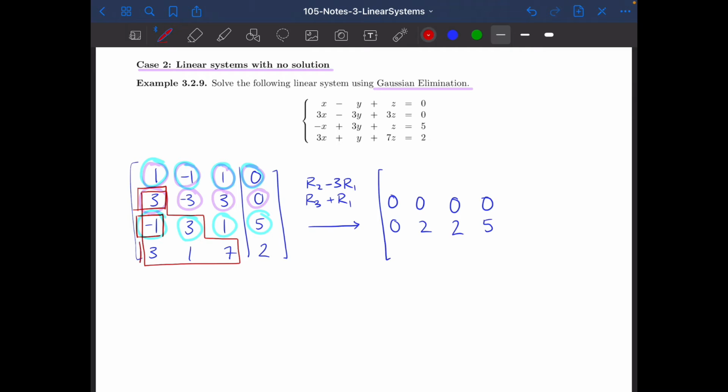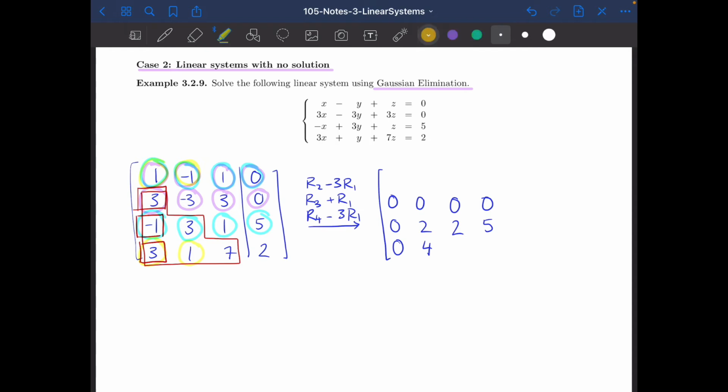I'll look at this 3, which I also would like to replace with a 0. And so I will use the elementary row operation row 4 minus 3 row 1. So the first entry will be 3 minus 3 times 1, which is 0, which is exactly what I want. Next I have 1 minus 3 times minus 1. That's 1 plus 3, which gives me 4.